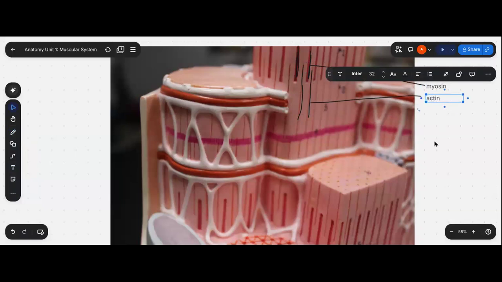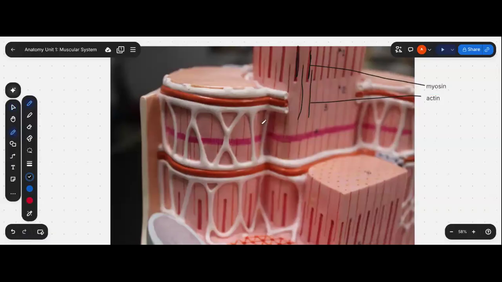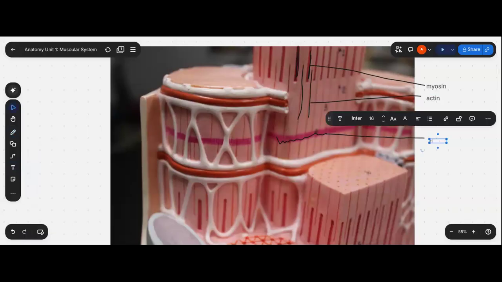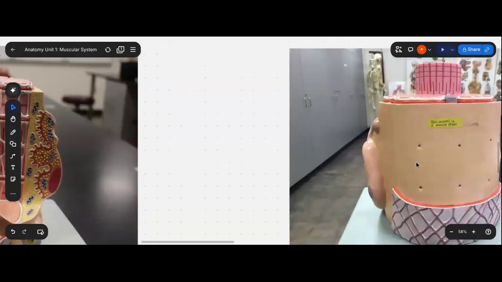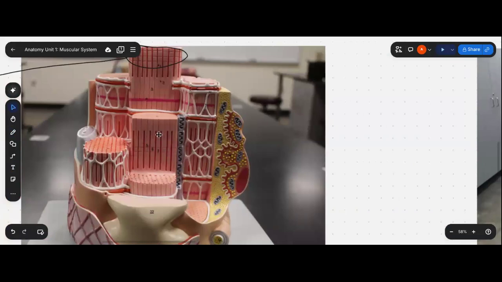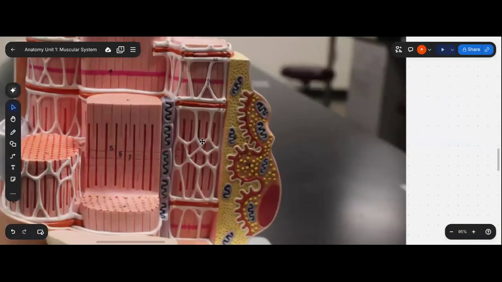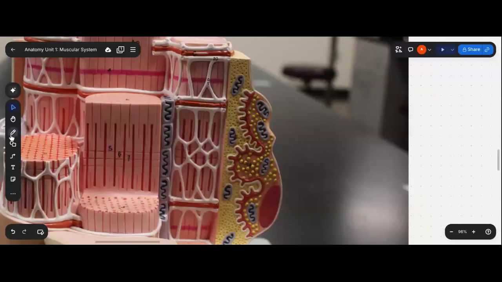Now you have your Z lines, which is this hot pink little squiggly area over there. So that is a Z line. And if you could see a little bit deeper on this model, which you can see on this region over here, if we look at this area, you have one Z line and then another Z line down here.